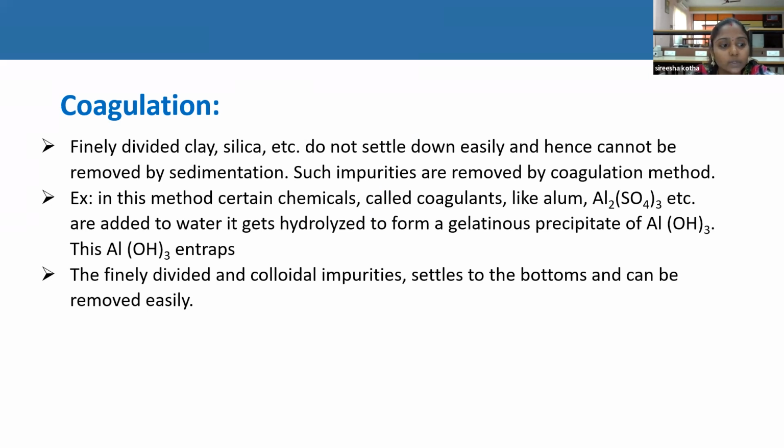This process introduces small, highly charged molecules into water to destabilize the charges on particles, colloids or oily materials in suspensions. The remaining 25% we can remove by using the coagulation method.